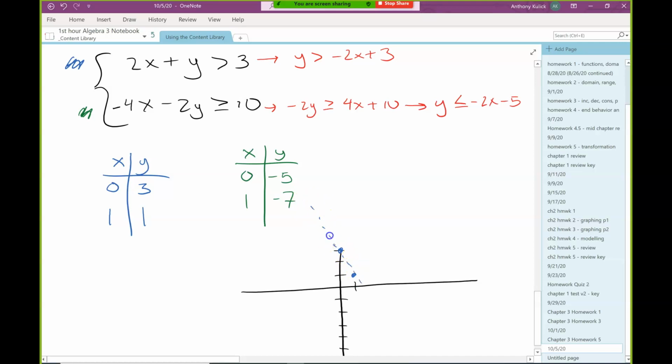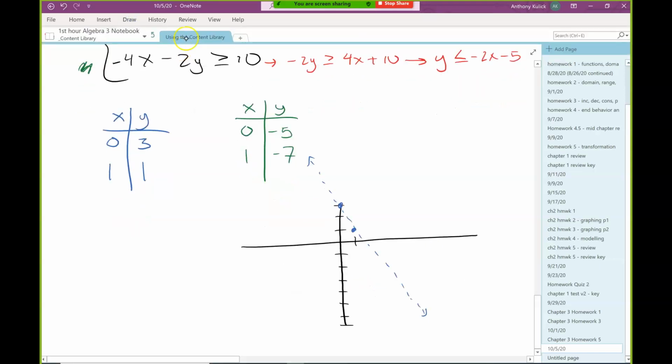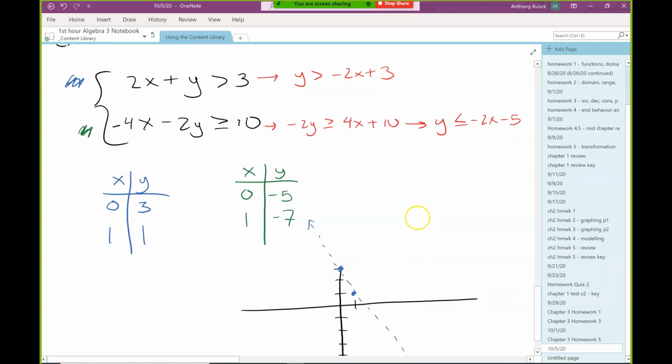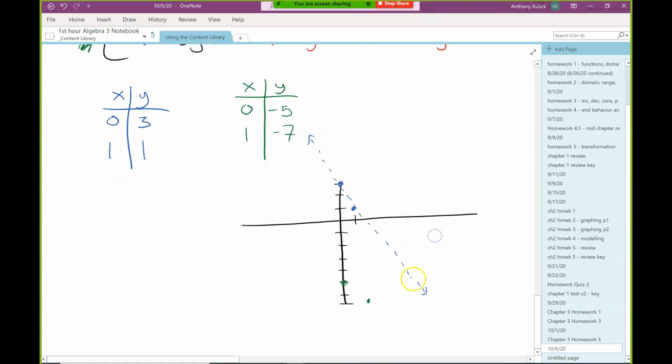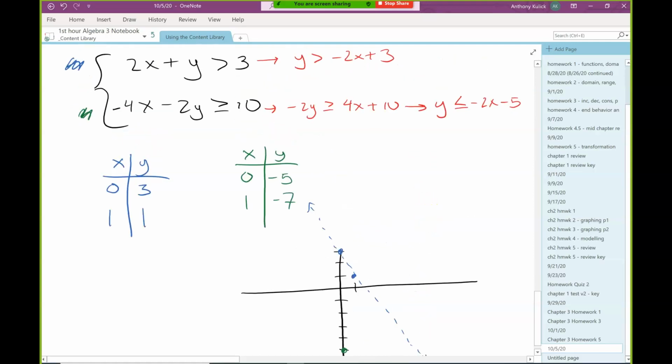Dashed, very good. Okay, and then we'll do the green one. So there's that. And there's that. Okay, should that be solid or dashed? Solid.